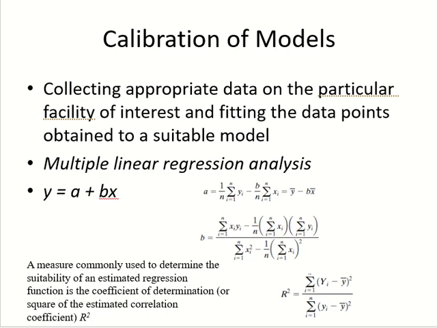According to statistics, if you have an equation of a line, you need the value of a and b, the constants. Just to refresh your memory, what is a in the equation of a line? Intercept. So a is the intercept and b is the slope. So how do you find out these values?